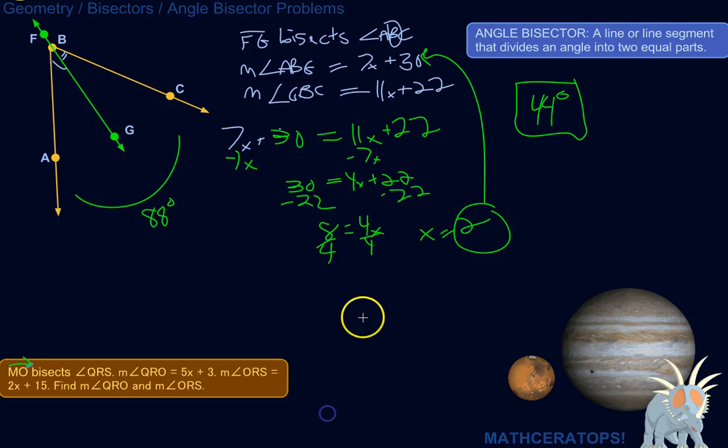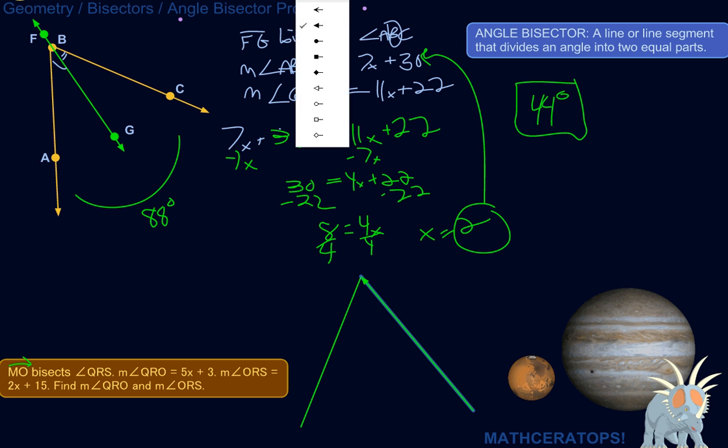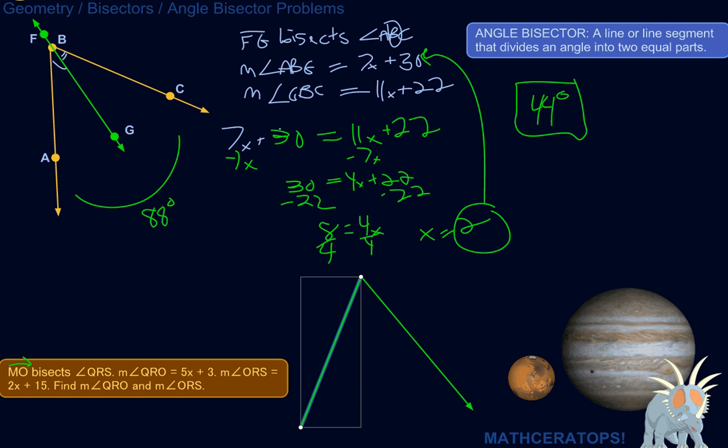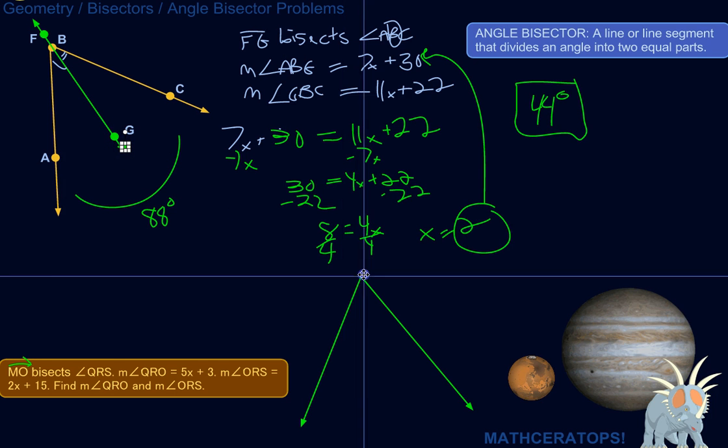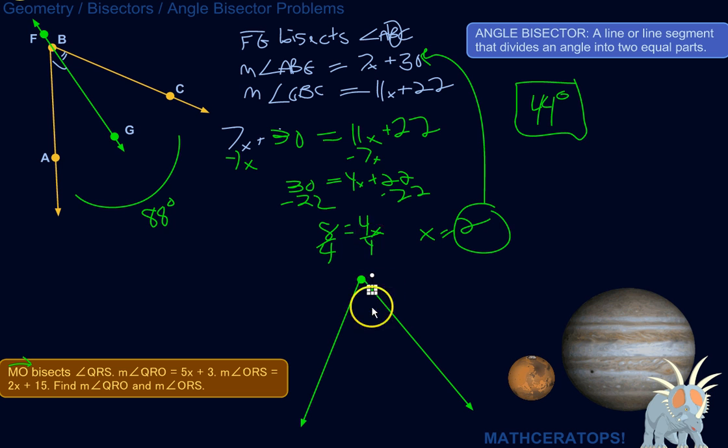An angle is formed by 3 points. I'm just trying to put arrows on the ends so it's clear that these are rays.